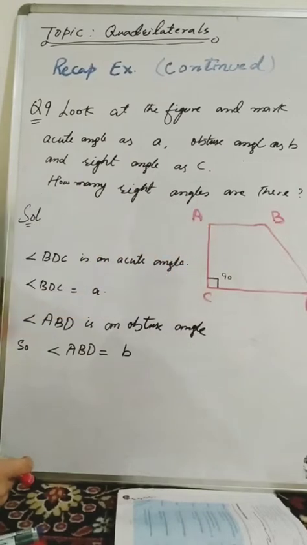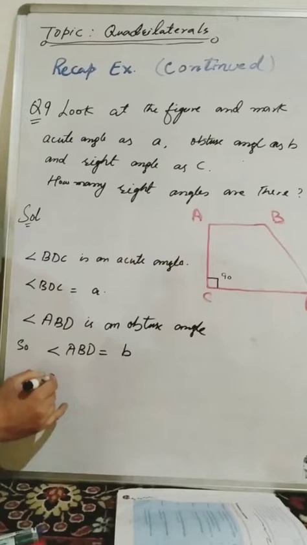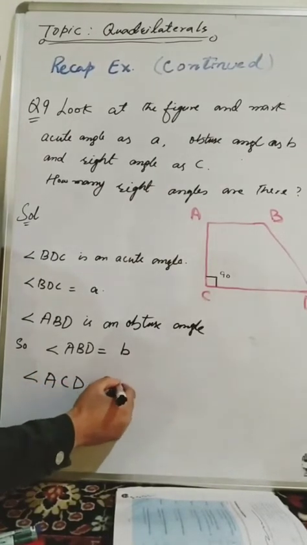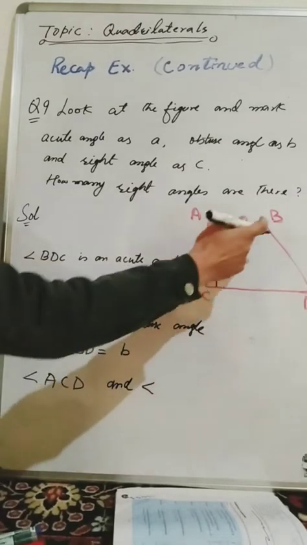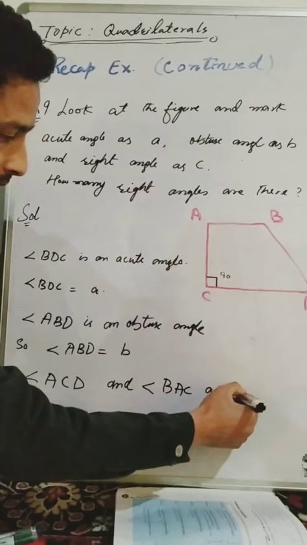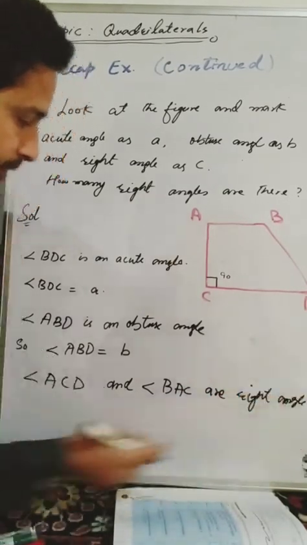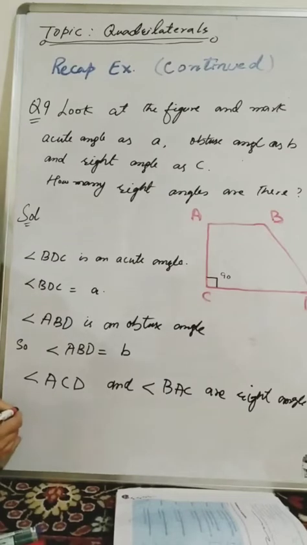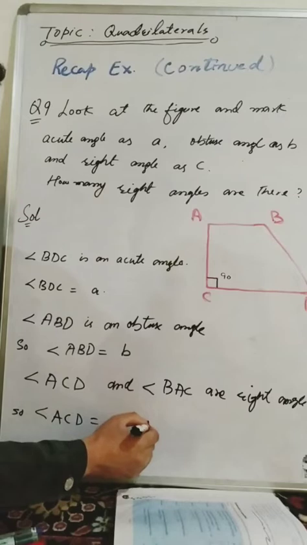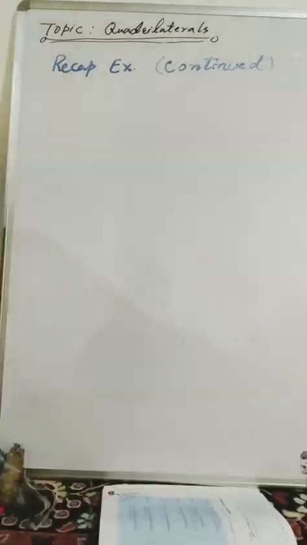So that means we have two right angles here. Angle ACD and angle BAC are right angles. Therefore, angle ACD is equal to C and angle BAC equal to C.